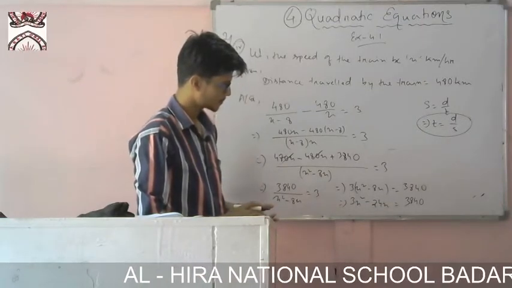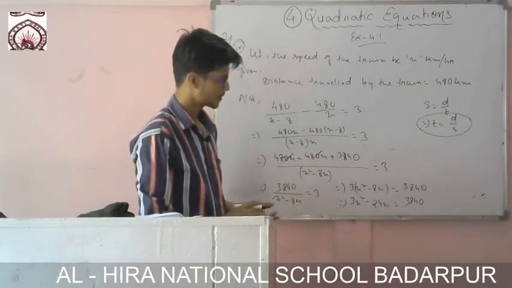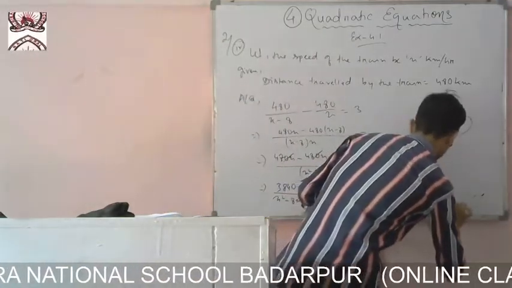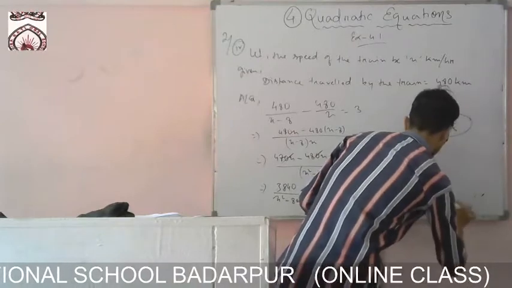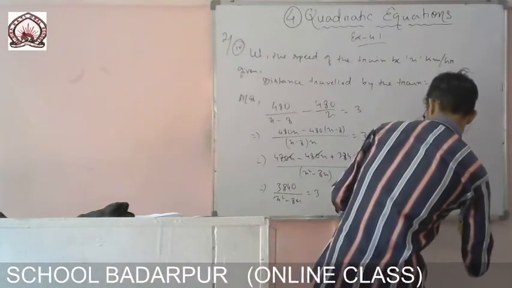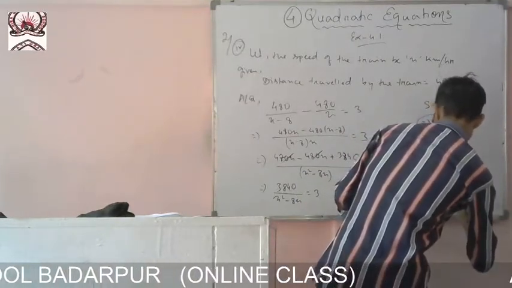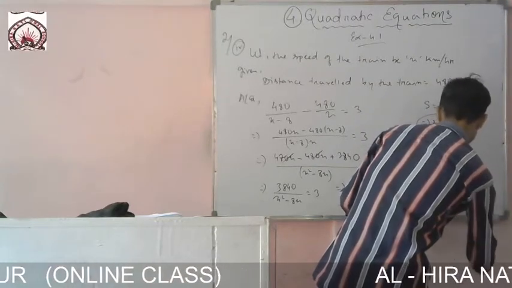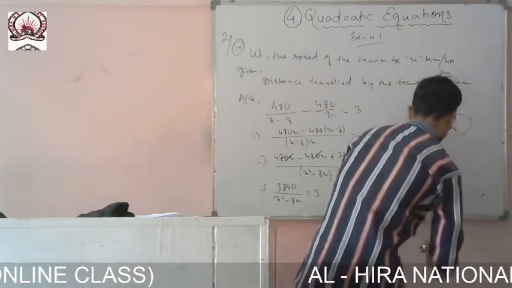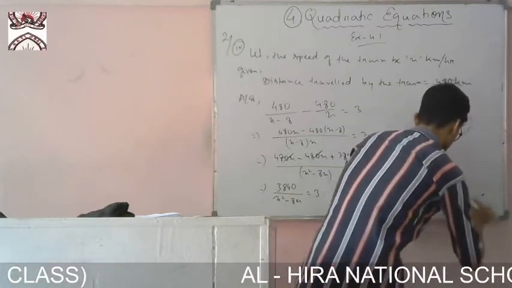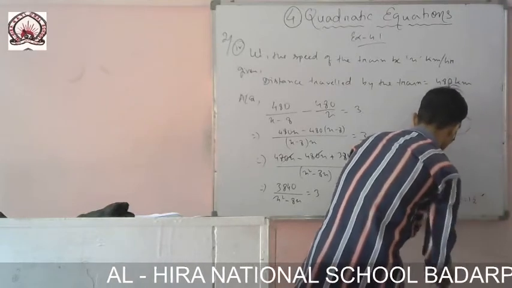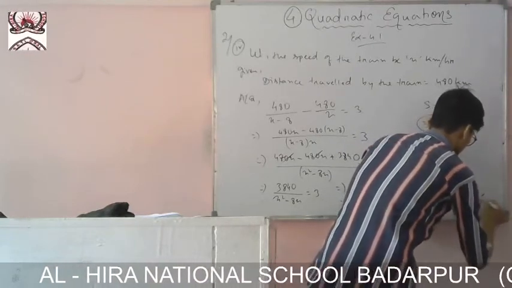So I can reduce them. If I divide it by 3, it will be x square minus 8x, 8s are 24, and it will be equals to, if I reduce it, 3 1s are 3, 3 2s are 6, 7, 8, 24, 3 8s are 0, 1, 2, 8, 0.